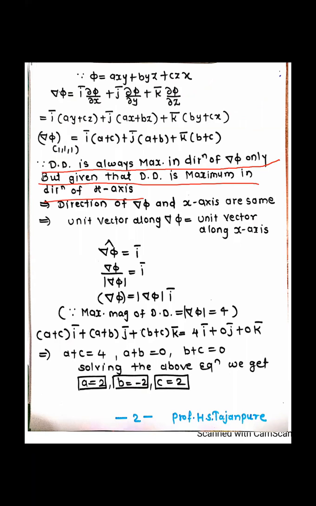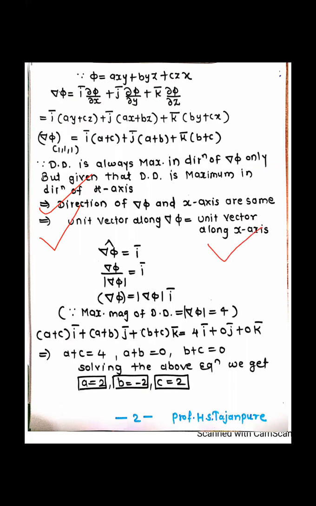So this implies that the direction of del phi and x-axis are obviously the same. And as the direction of del phi and x-axis are the same, unit vectors along them are also the same, because I have already told you that if two lines are parallel to each other, their unit vectors are the same. Therefore, unit vector along del phi is equal to unit vector along the x-axis.